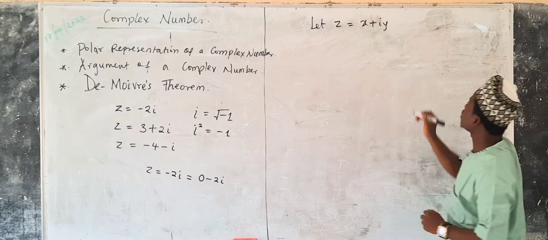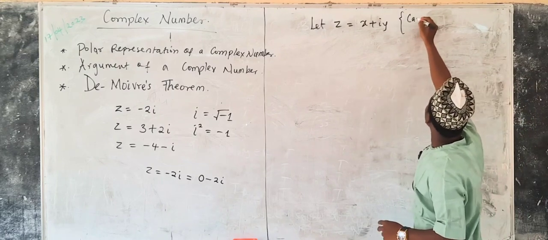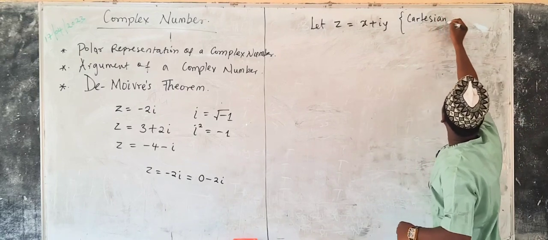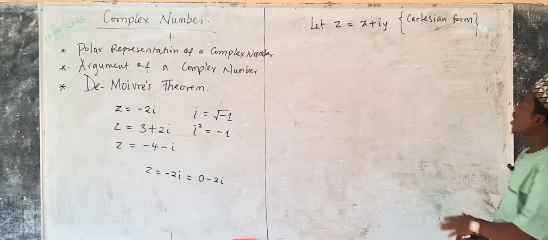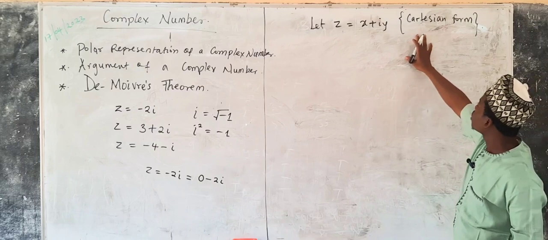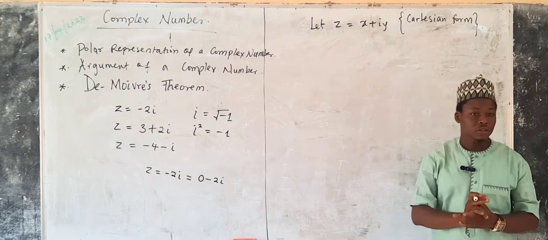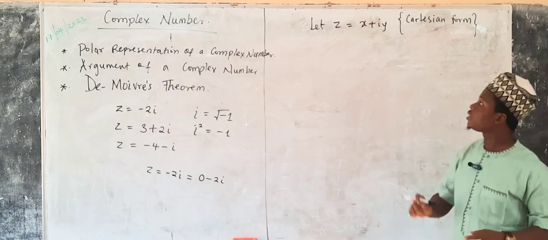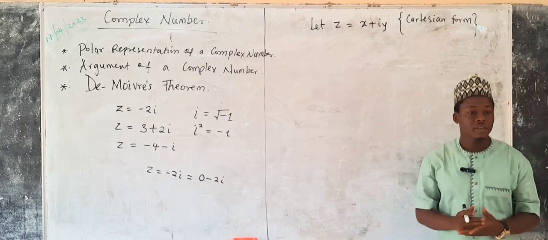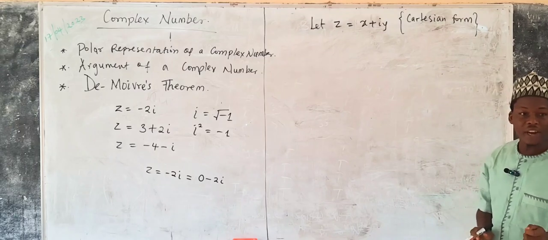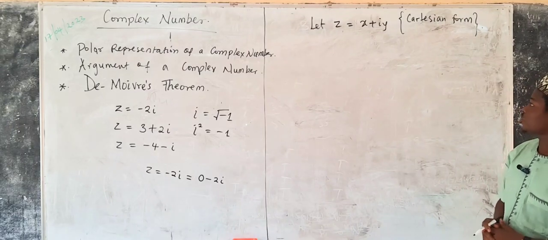This is the Cartesian form. Our aim is to represent this Cartesian representation in polar form. To do this, we need to find theta, and also we need to find r, which is the modulus of the complex number.